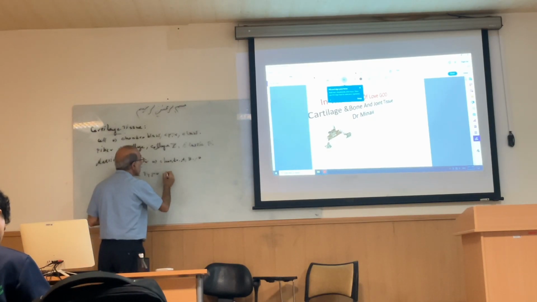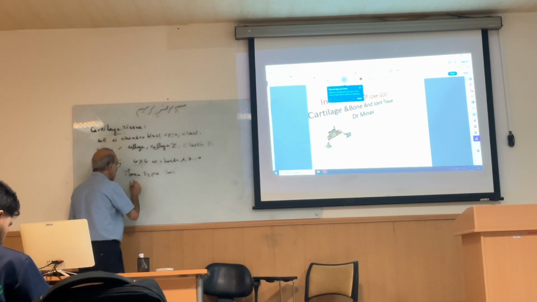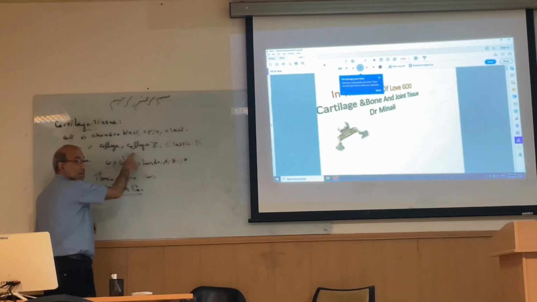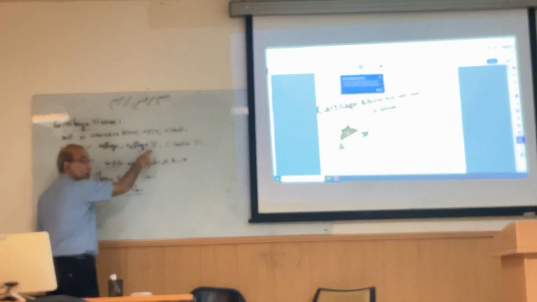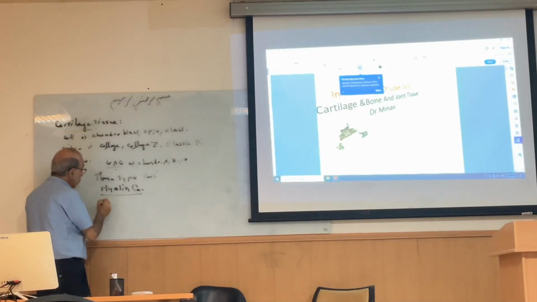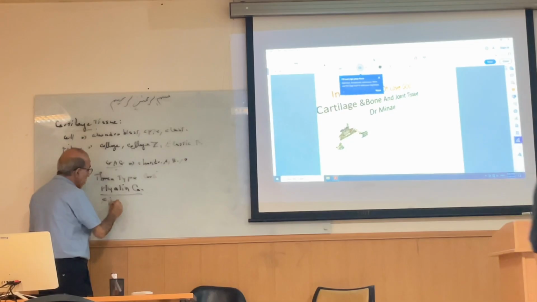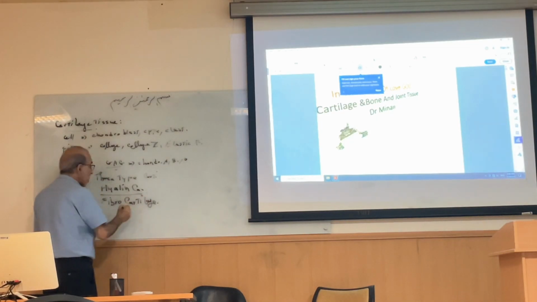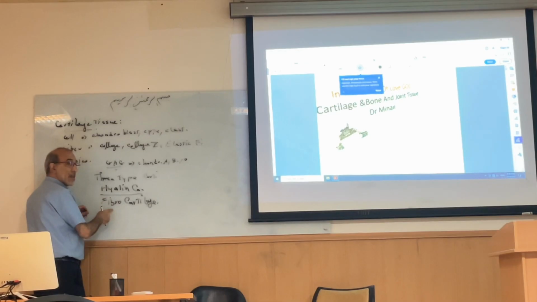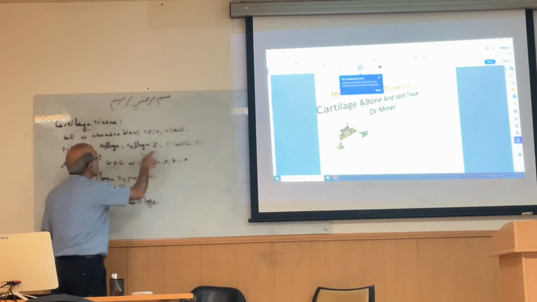Three types of cartilage. One, hyaline. This cartilage has fibril. What does fibril mean? Collagen type 2. Very good. And two, fibrocartilage. This type of cartilage has collagen fiber.